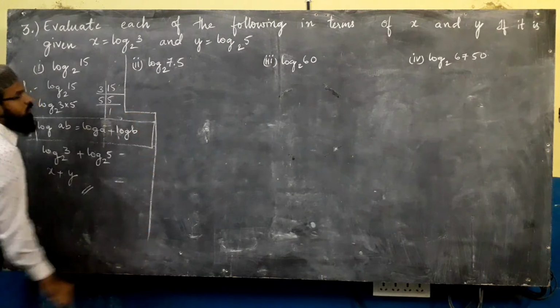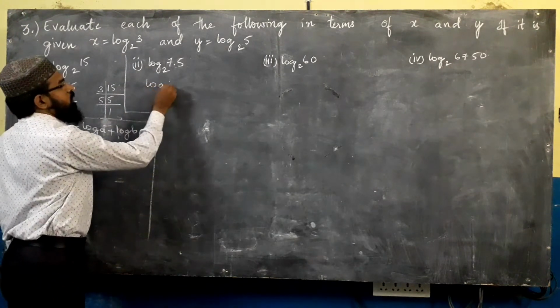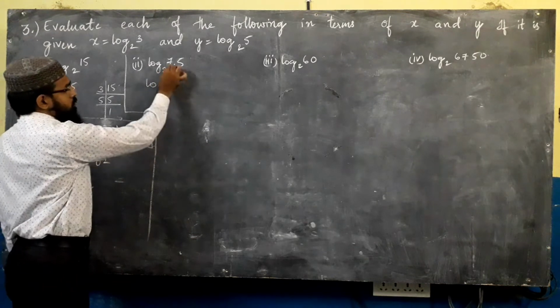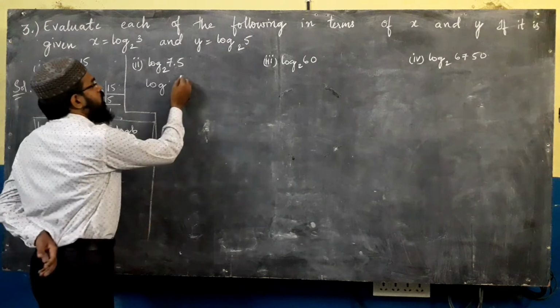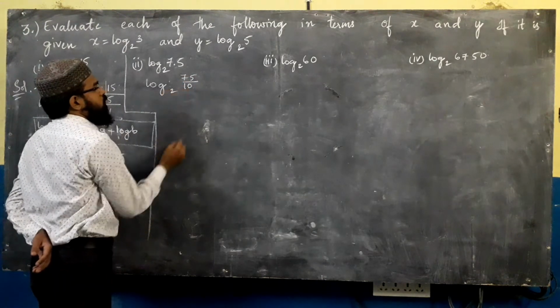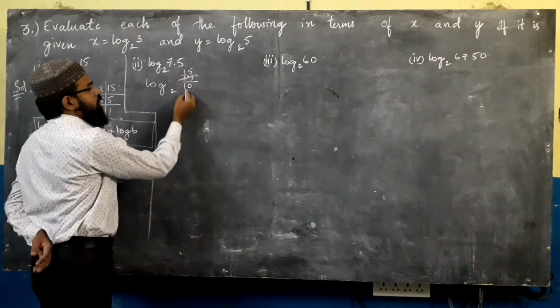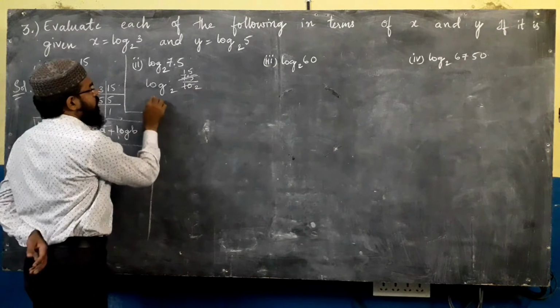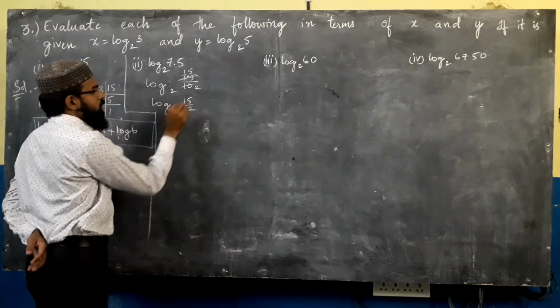Let us solve this second bit: log 7.5. 7.5 can be written as 75 by 10, base 2. 5 1s are 5, 5 5s are 25, 5 2s are 10. So log 15 by 2 base 2.